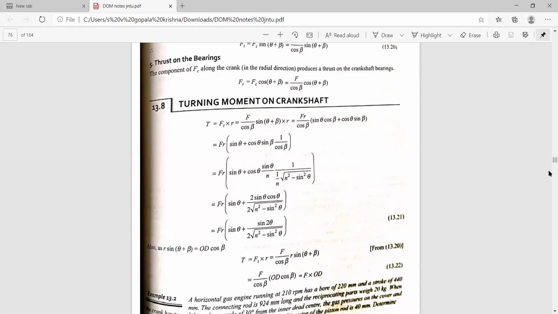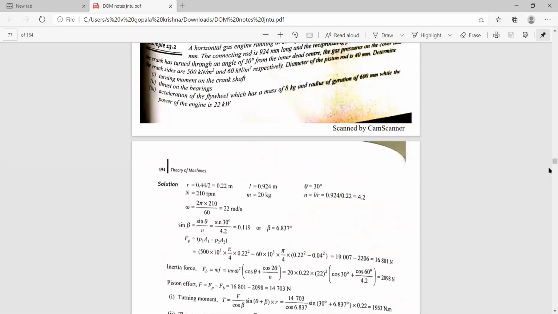Now, coming to this session, let us discuss the first problem related to our steam engine. All of you observe the problem.